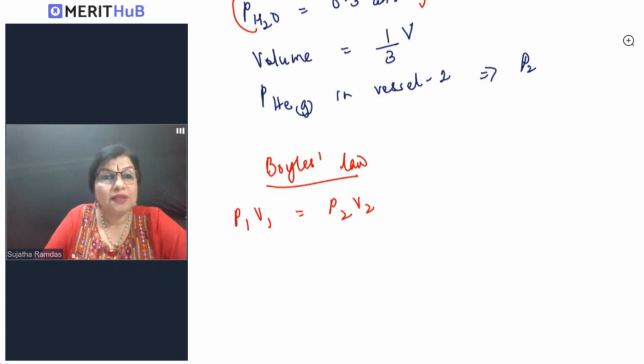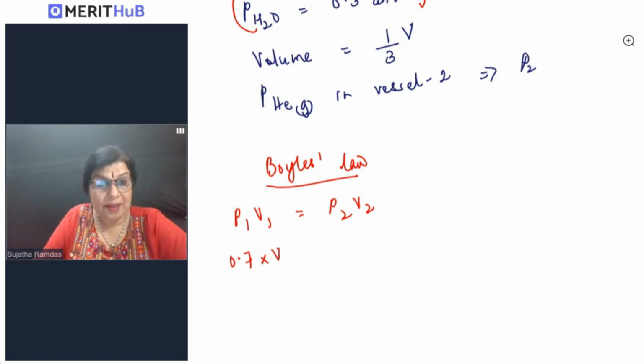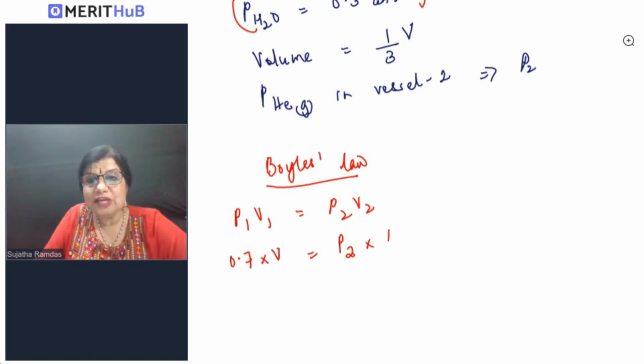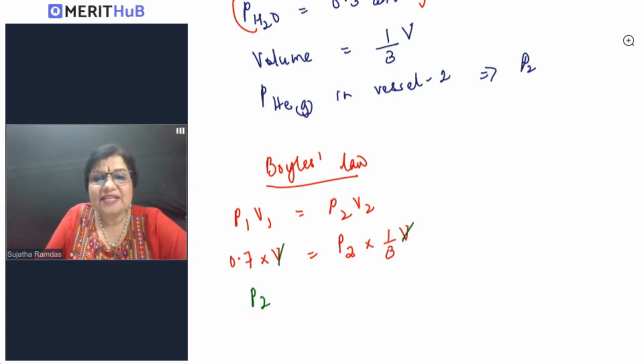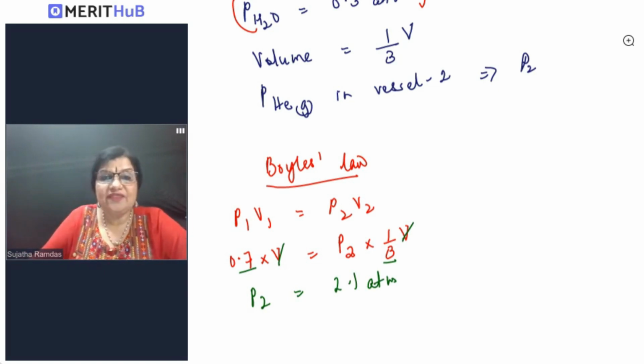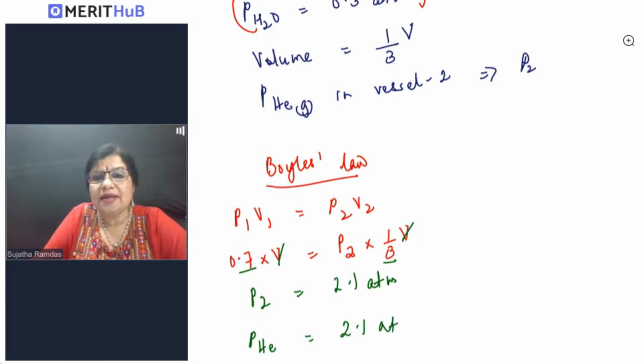Okay, so now what is P1? P1 is 0.7 atmosphere into V. Remember, we are only focusing on the pressure of helium gas, and that is equal to the partial pressure of helium in the second vessel whose volume is 1/3 the volume. So you can cancel here the two volumes V. So what do you get here? P2 is equal to 2.1 atmosphere, 0.7 into 3. Okay, so in vessel 2, the partial pressure of helium gas is 2.1 atmosphere.